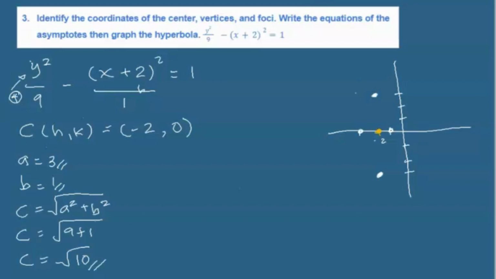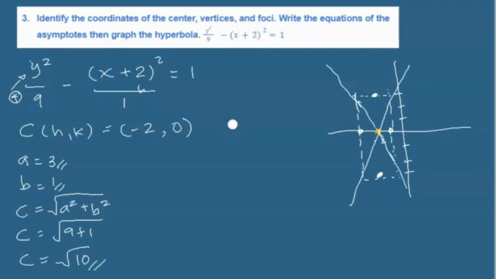And then we draw the imaginary rectangle so we can identify and graph the asymptotes. And we know the asymptotes are the diagonals of the rectangle.